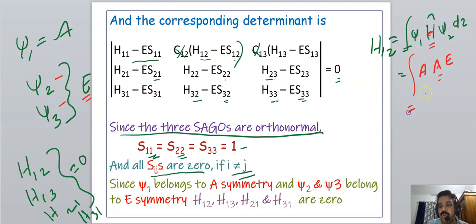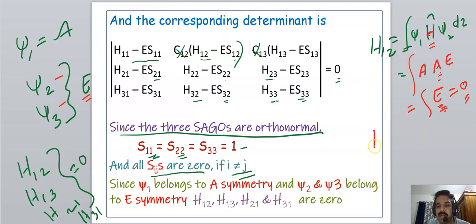So for the direct product, we know that A into A is A, and A into E is equal to E. And we know that the integral will be non-zero only if it is a totally symmetric representation, otherwise it will vanish. Here in this case it is not totally symmetric representation, therefore it is equal to 0.